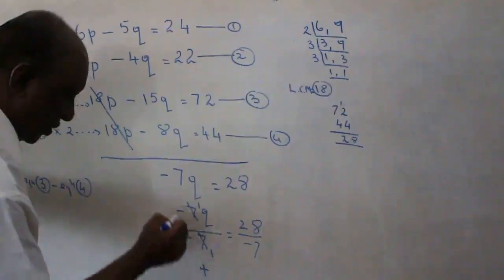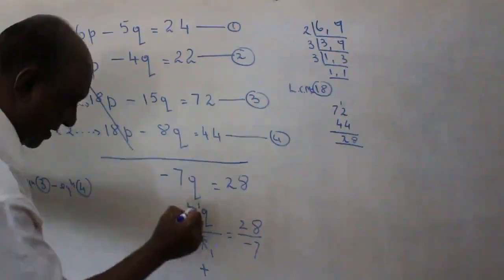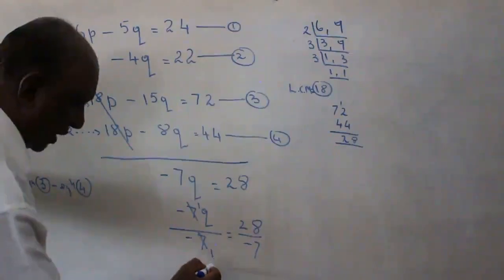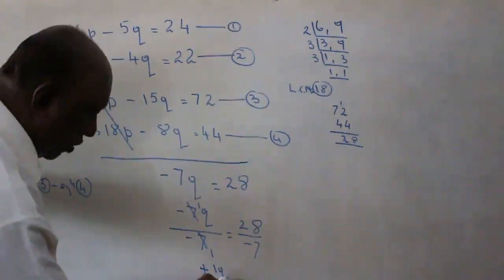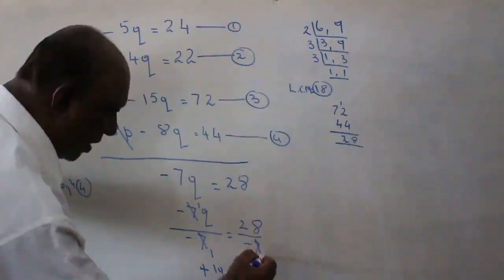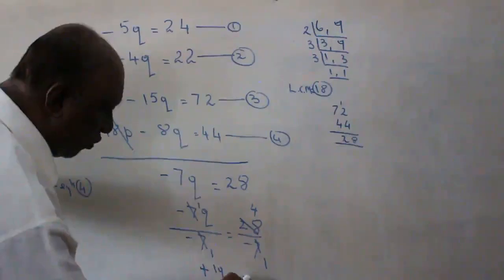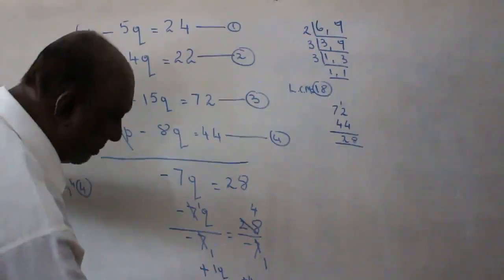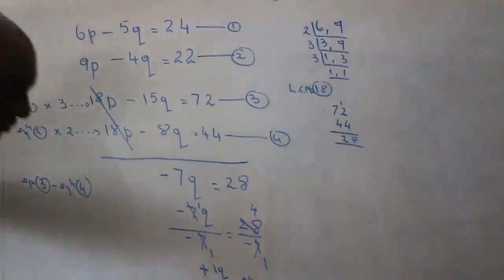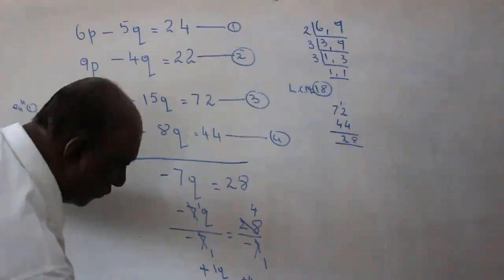You can't cancel it out. It's a result. Over here, 7 and 7 will cancel out and you get 1Q over 1 which is equal to, on this side, 7 times 1, 7 times 4. Upstairs you get plus 4, downstairs you get minus 1. Therefore, you will get here Q is equal to minus 4.